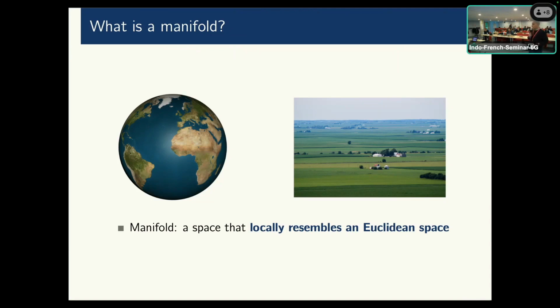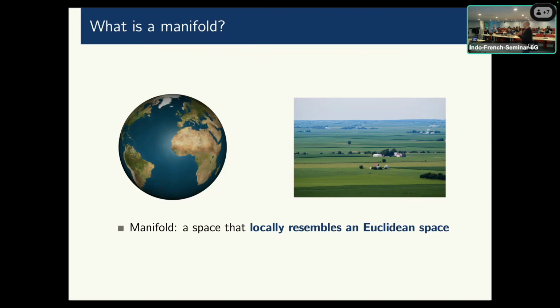If you look at one point on the surface of Earth, you can see that it can be approximated by some flat surface, all right? And we are actually going to use that property, that locally a manifold can be approximated by a Euclidean space.